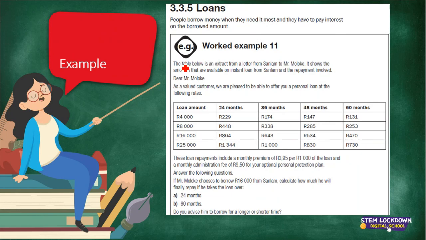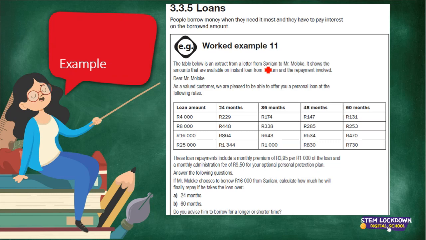Now it says that the table below is from a letter from Sanlam to Mr. Moleka. Okay, so this is crucial information. Sanlam is probably the credit provider. The table shows the amount that's available on loan from Sanlam.